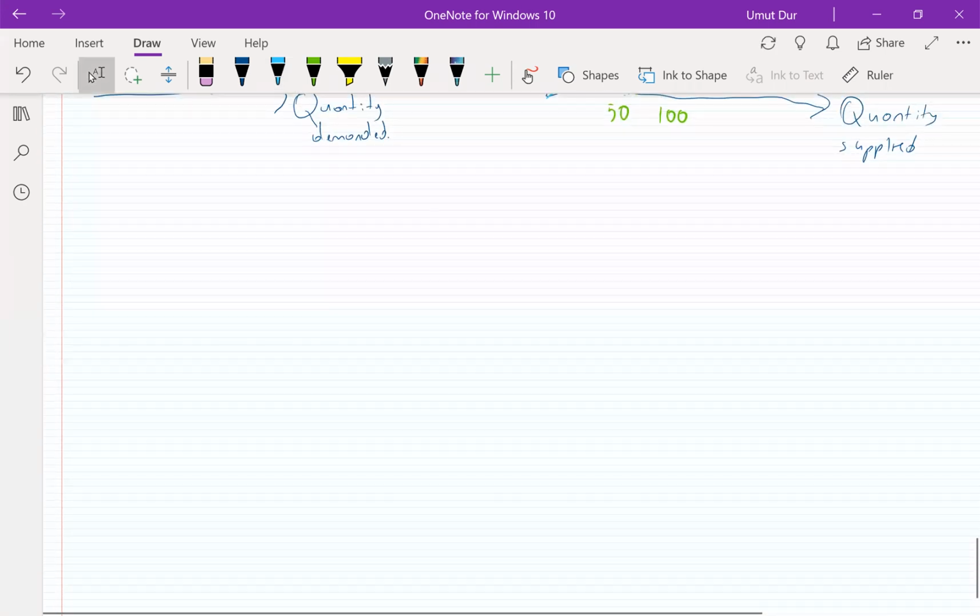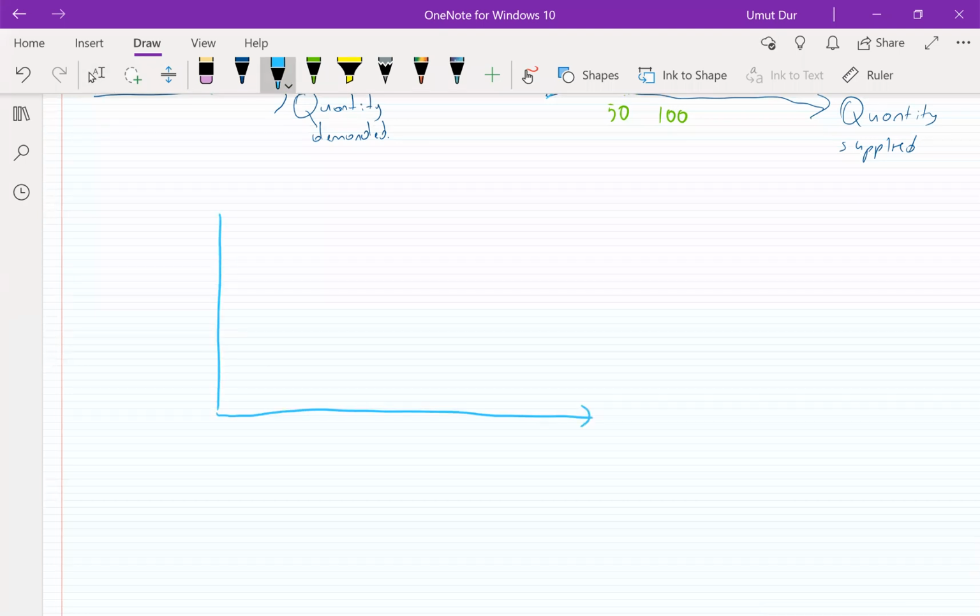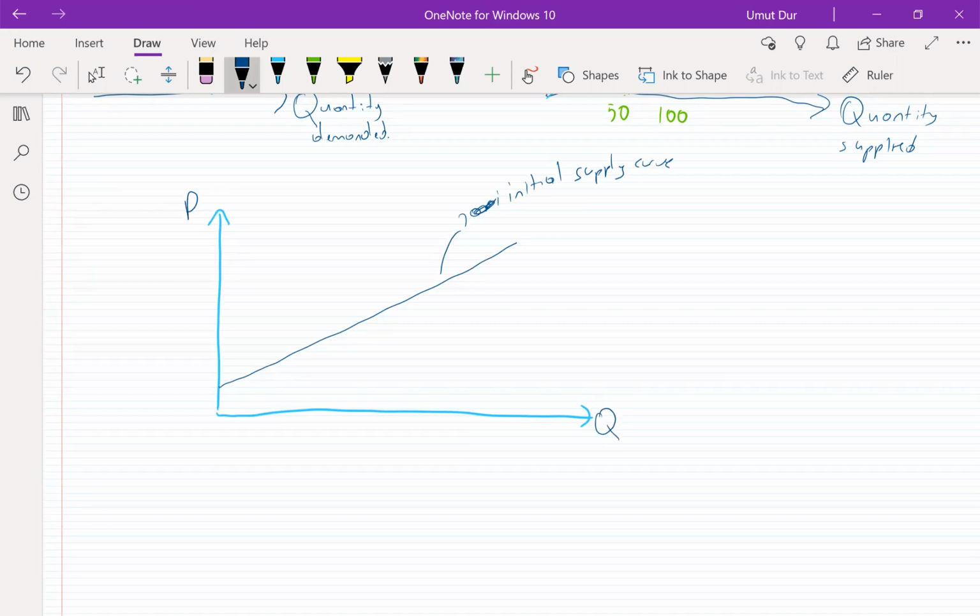Suppose that this is our original, or let's say initial, supply curve. Again, here price, here quantity supplied.